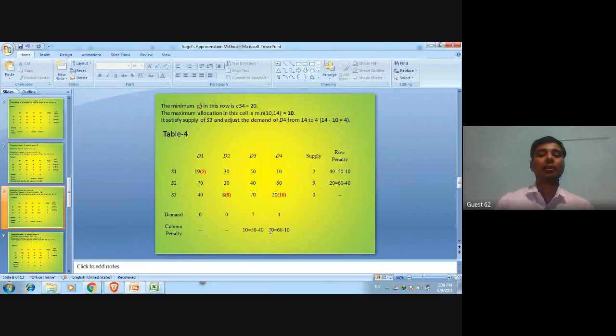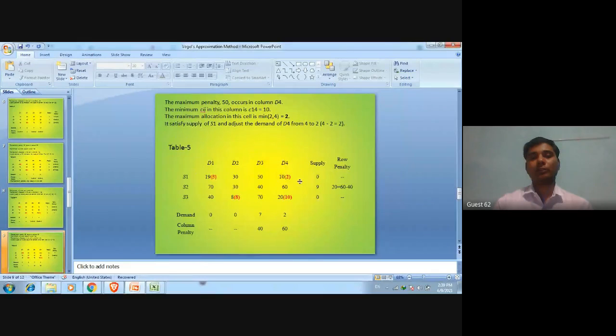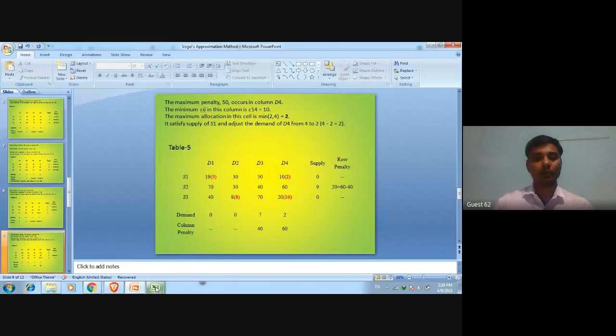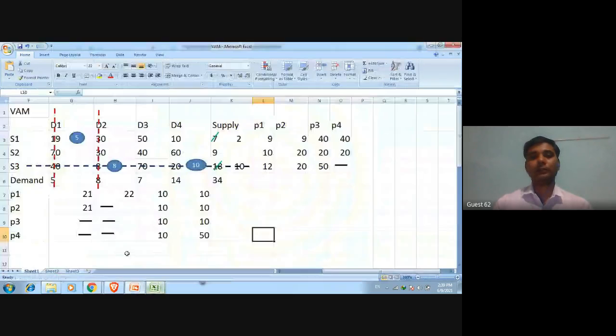We will select the column D4 and allocate the minimum between supply and demand at the minimum per unit transportation cost. Between the 10 and 60, which one is minimum? Let us see in the example.